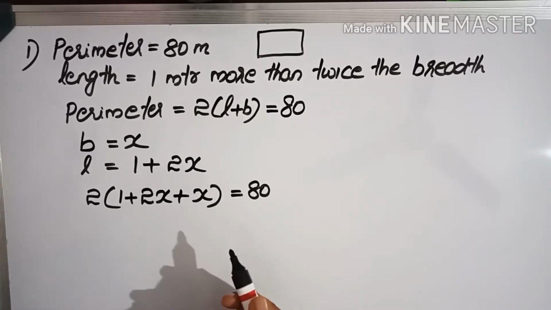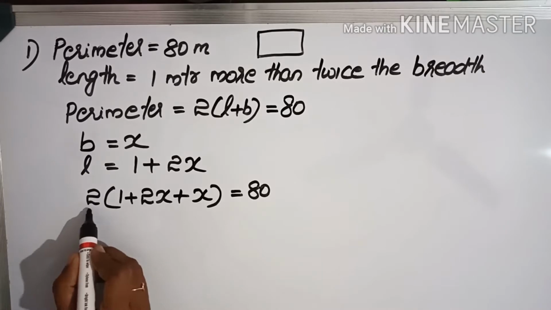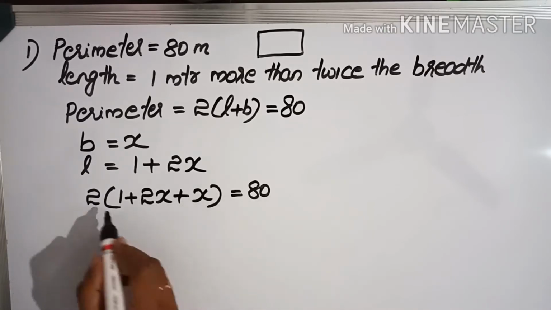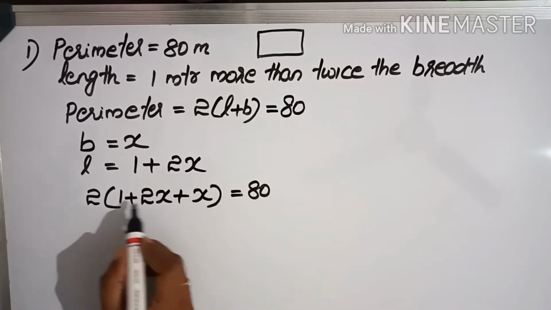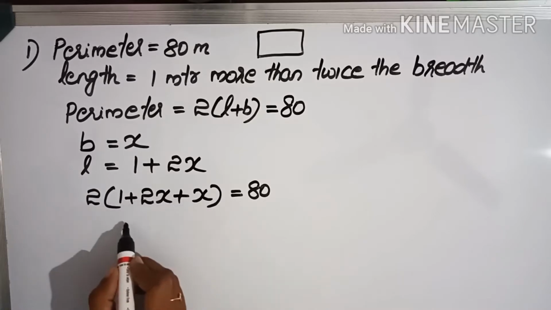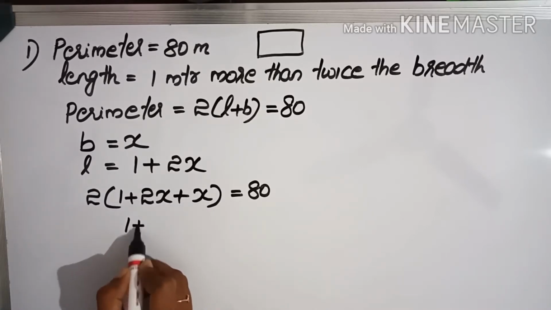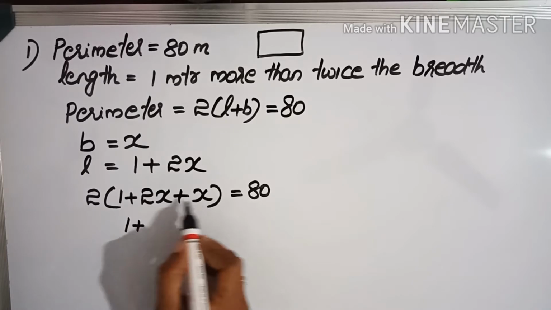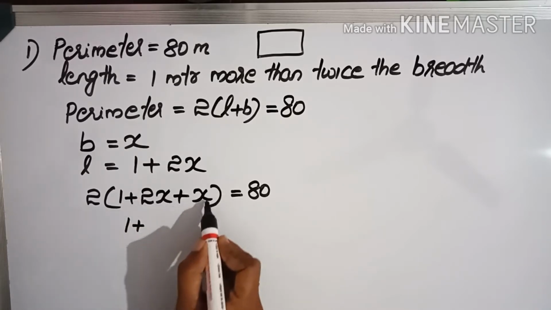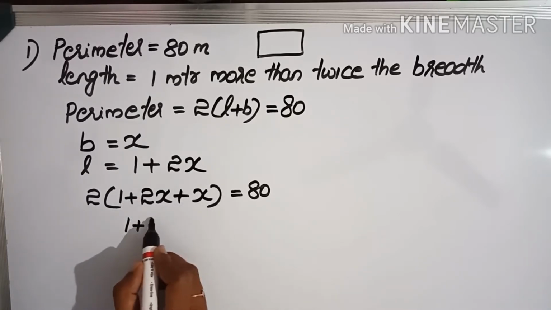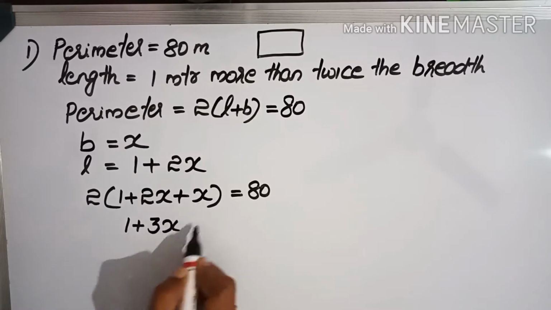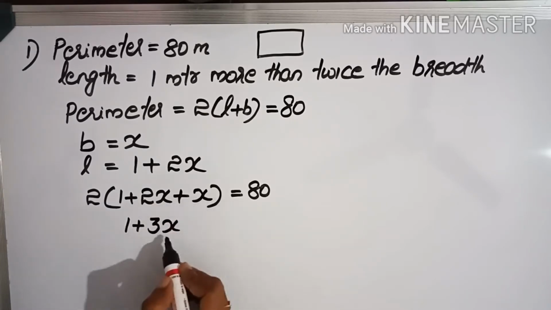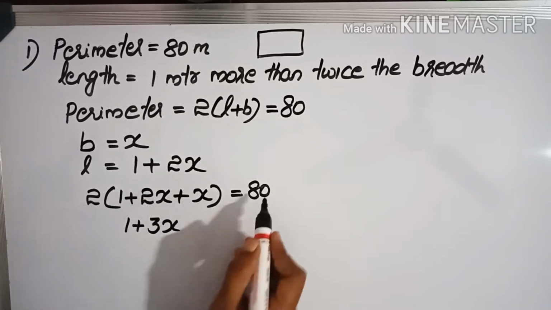One by one we have to write. So first of all, let's take this 2 to this side. So the remaining will be 1 plus 2x plus x. 2x here, 1x here. So total is 3x. 2x plus 1x, total is 3x.